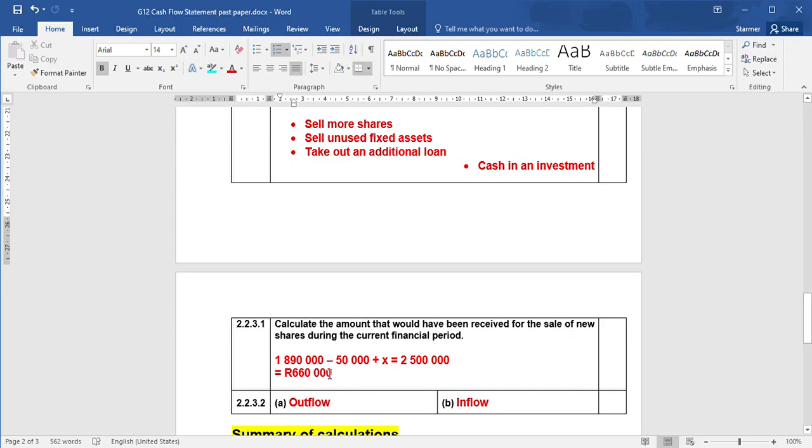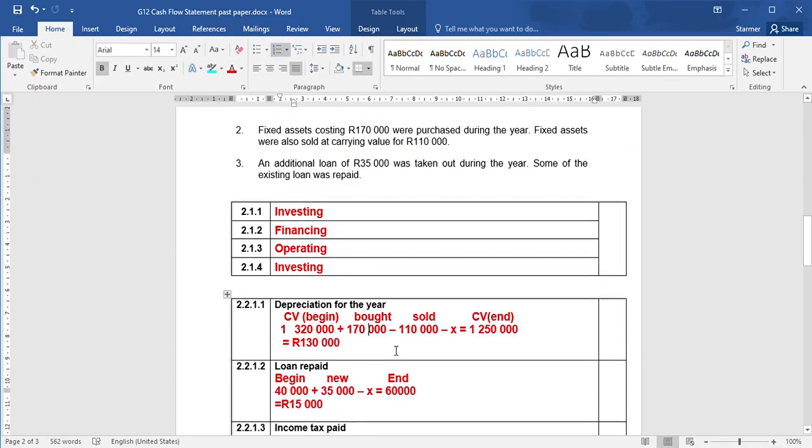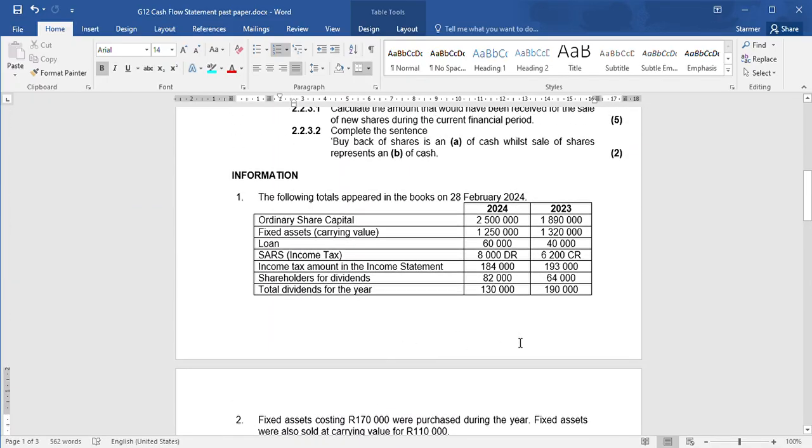Okay, then the next one, calculate the amount that would have been received for the sale of shares during the current financial period. If we have a look here, our share capital has gone from 1890 to 2.5 million.